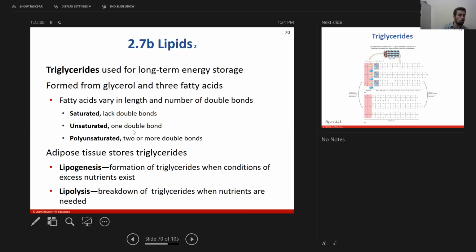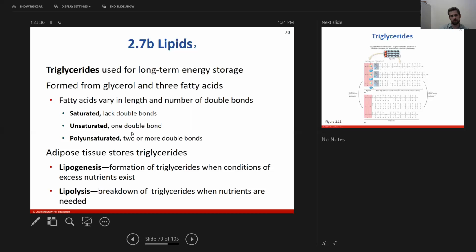Unsaturated fats have 1 or more double bonds in those fatty acid chains, and because of that double bond, the chain kinks a little bit, which prevents it from stacking up nicely. So unsaturated fats are your fats like oil. They're liquid at room temperature.